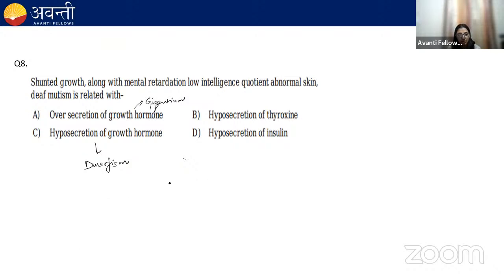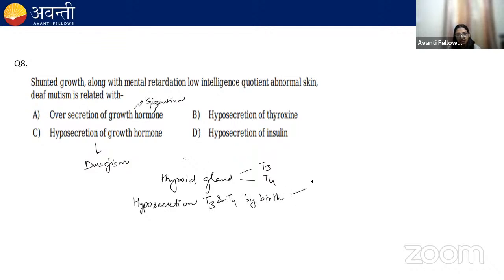We know that the thyroid gland produces two hormones, T3 and T4, right? If there's a hyposecretion or deficiency of T3 and T4 by birth, then it leads to cretinism.